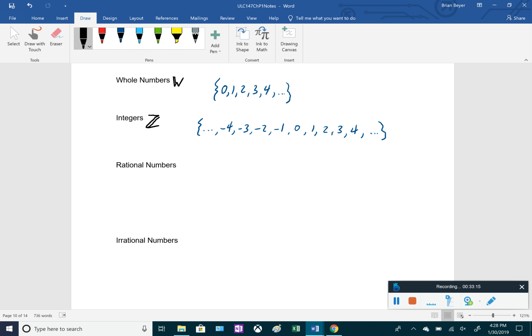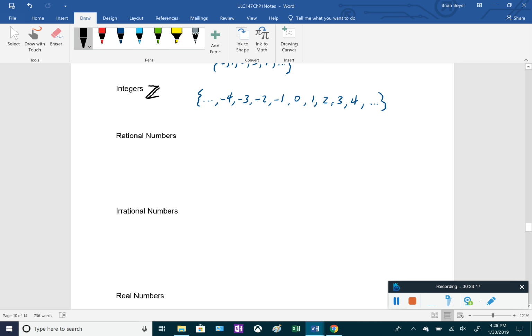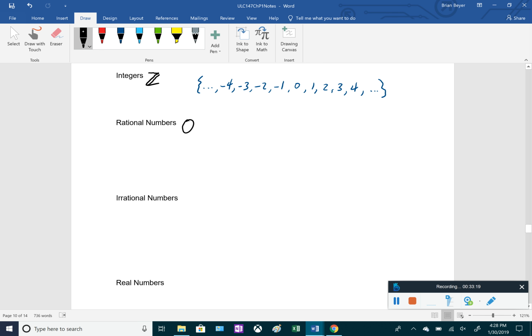Next, for the rational numbers, rational numbers get a Q because the R is already taken, which we'll get to in a second. This one can't be listed out very nicely in roster method, so I'm going to write this one in set builder notation.